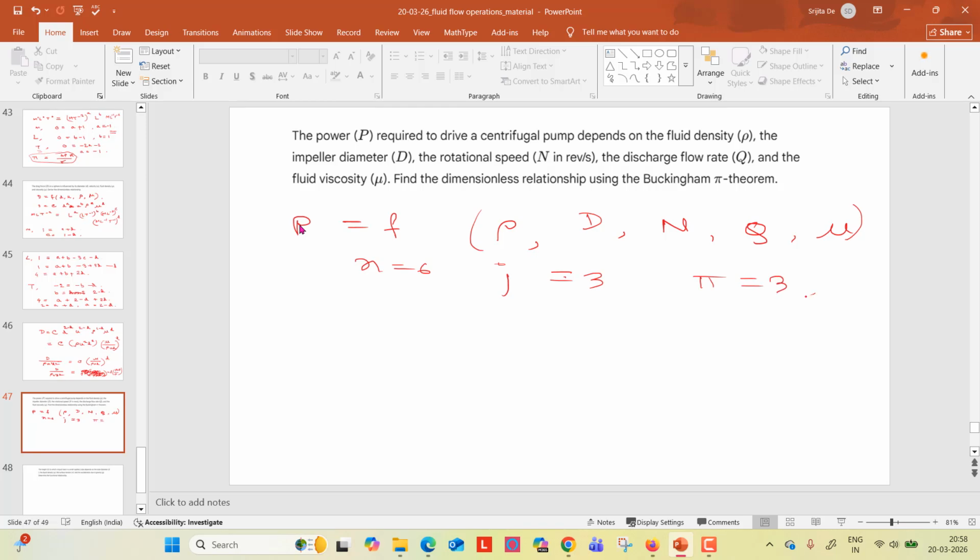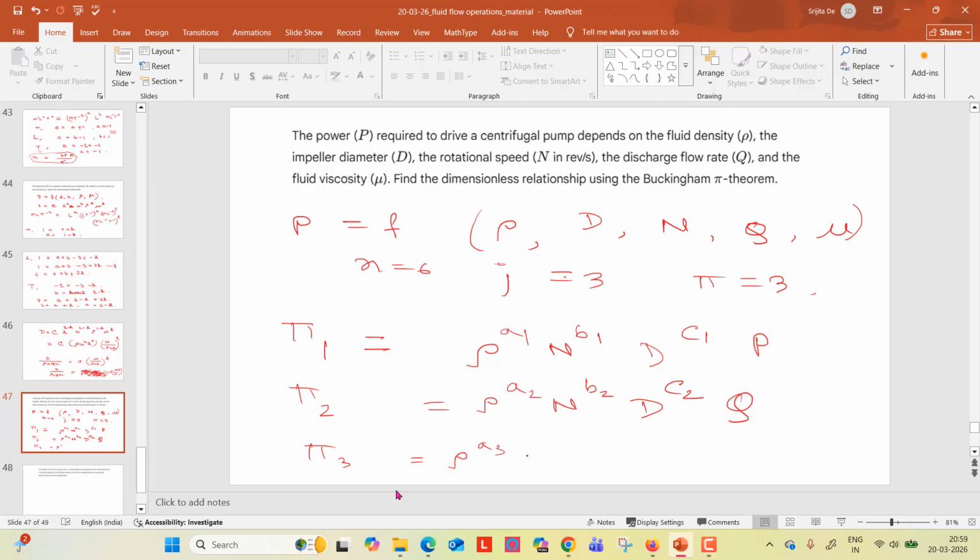So for pi 1, the repeating variables will be the flow parameters, that is rho, then the rotational speed, the flow characteristic, that is N, and D. So pi 1 is rho to the power a1, N to the power b1, D to the power c1, P. Then pi 2 will be rho to the power a2, N to the power b2, D to the power c2, Q, and pi 3 will be rho to the power a3, N to the power b3 and D to the power c3, mu, right?